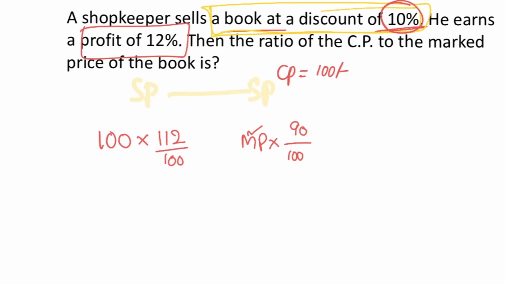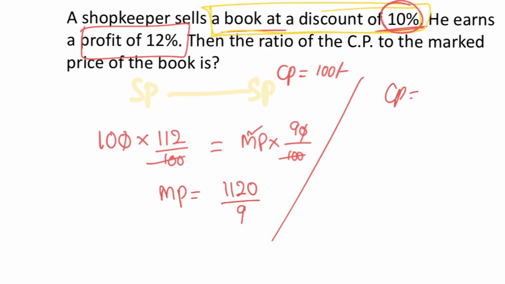So both the expressions are equal. On cancelling, 100 cancel, 0 cancel. So market price is 1120 divided by 9. If cost price is 100, market price is 1120 divided by 9.